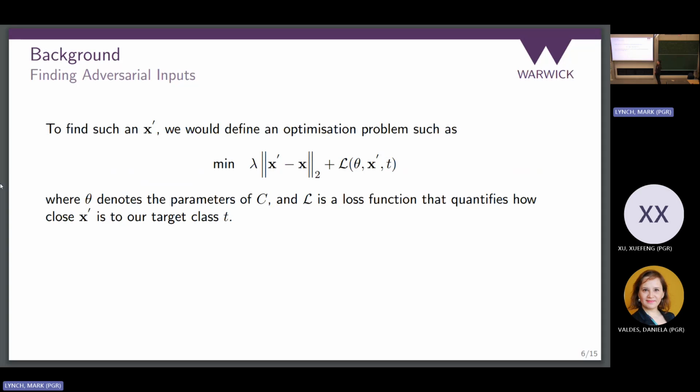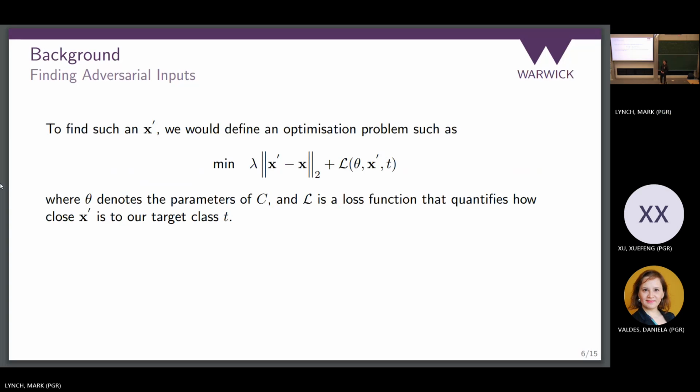So we want to minimize the difference between the original and the adversarial example. On the right, we typically define some loss function. This gives us some measure of how close the adversarial example is to the target class in the output of the neural network.